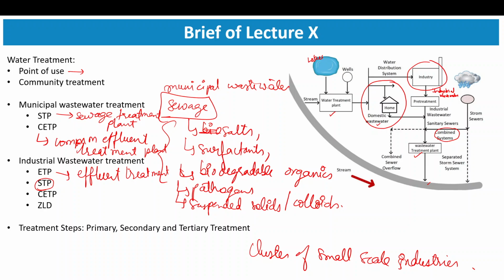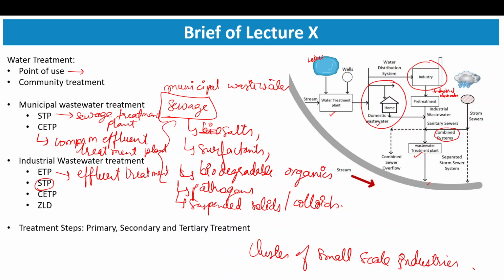So in that case, a common effluent treatment plant is set up in that cluster, which treats the water coming from all the small scale industries in that region. Wastewater from all those units goes into the CETP where it is treated.